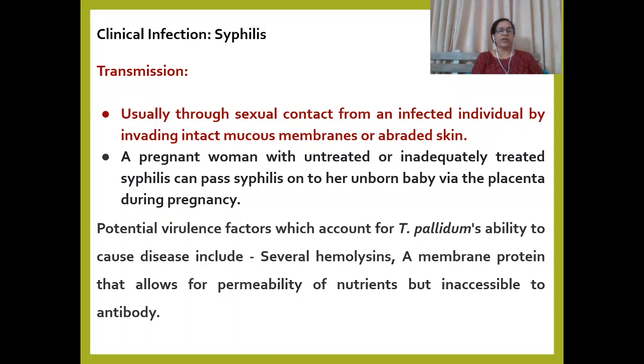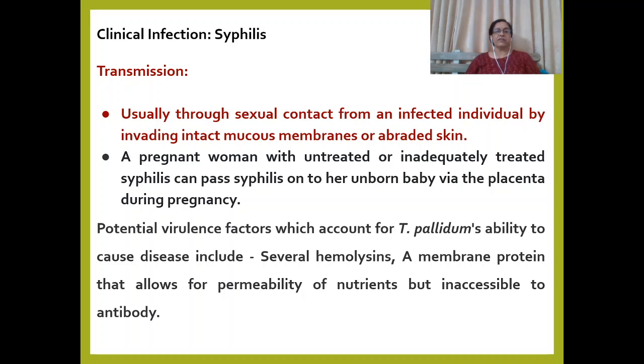Here, these organisms can pass the placenta during pregnancy and infection occurs to the unborn baby. This is nothing but congenital syphilis. So this is again one important mode of transmission. I'll repeat. After sexual contact with the infected person, transmission of Treponema pallidum occurs, or secondly, from a pregnant woman to their fetus via the placenta.